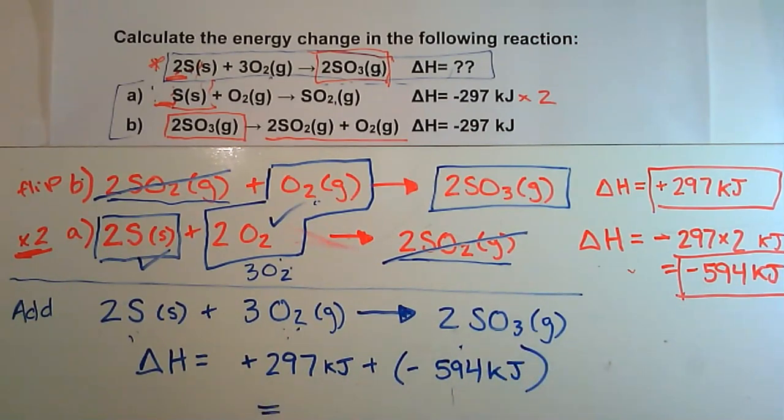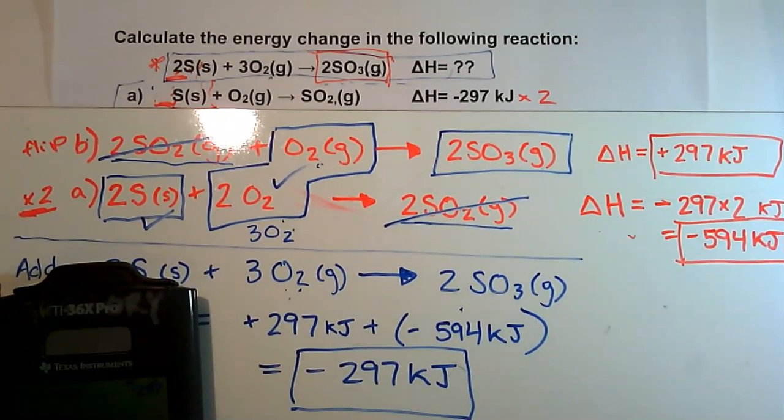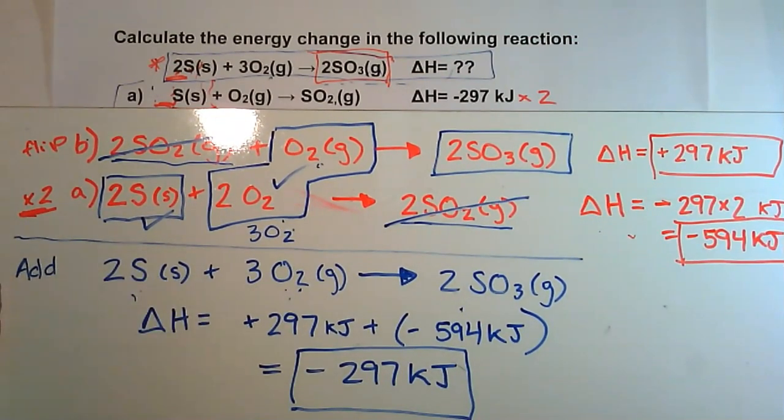Okay, and when I do this in my calculator, 297 plus negative, which would be minus 594, I get negative 297 kilojoules. And that is my final answer. Move that up just a little bit so you can see that final answer, negative 297 kilojoules.